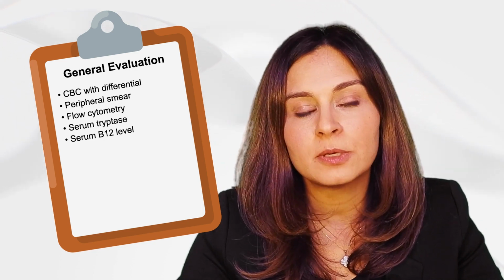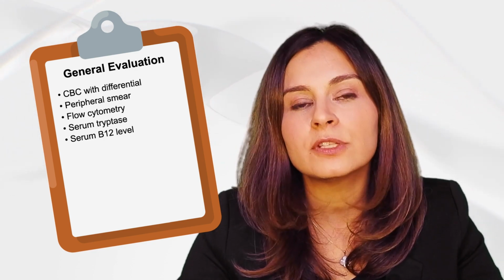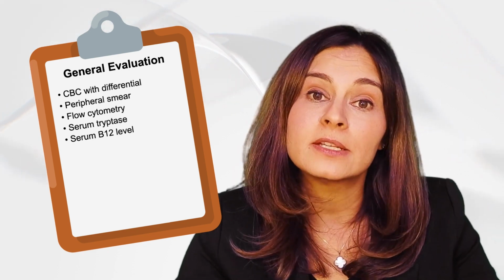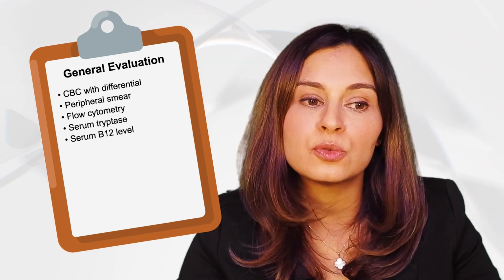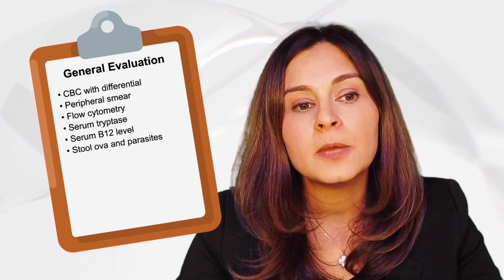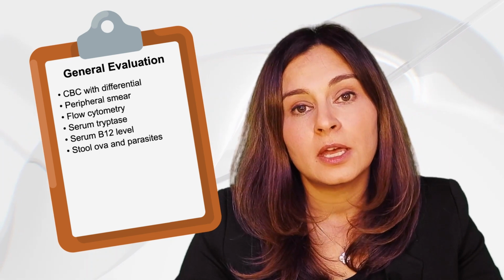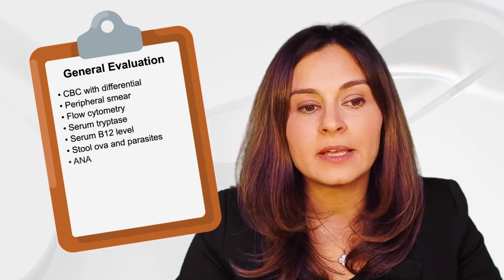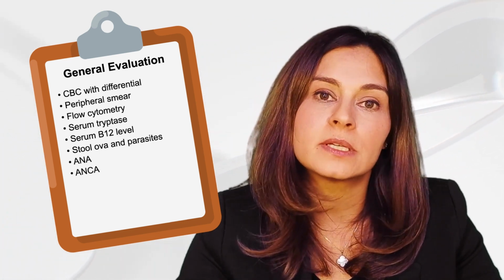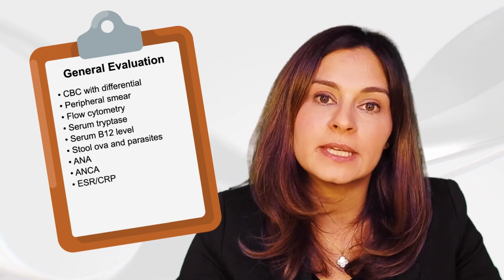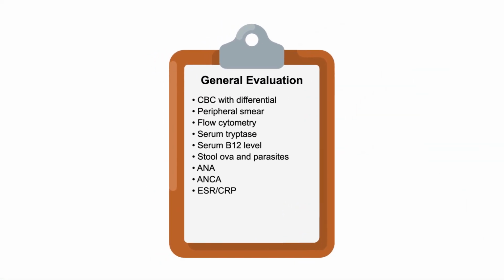If a patient has a typical exposure history or travel to particular areas, they might need serologies for parasites or stool for ova and parasites. And sometimes if a patient is suspected to have a vasculitis, testing such as ANA or ANCAs might be required, as well as serum inflammatory markers like ESR and CRP. If a patient has a particular potential to have experienced HIV, testing is important.